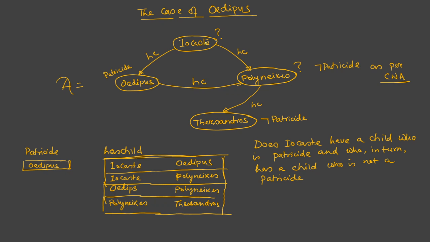Now Iocasta has got one patricide child, Oedipus, who has got a child that is not patricide.